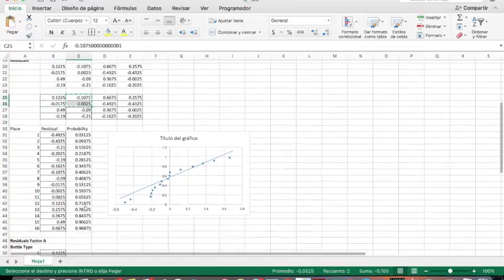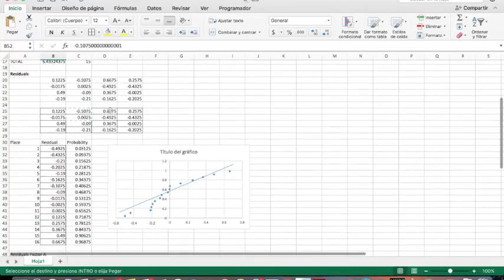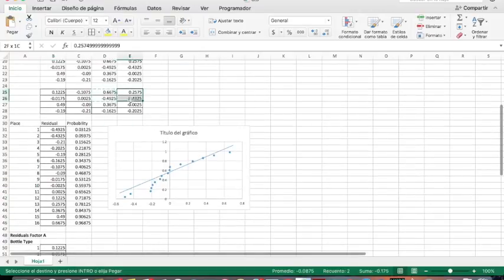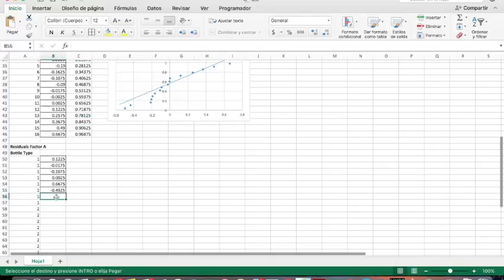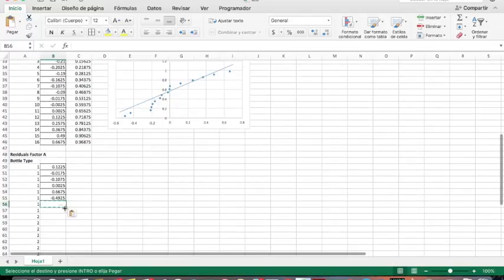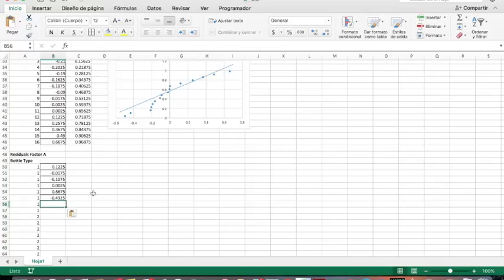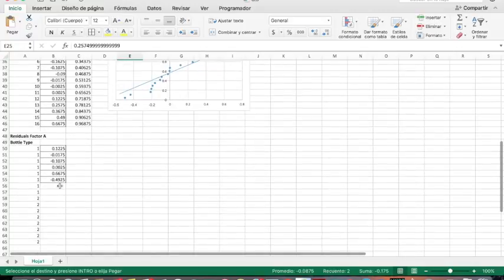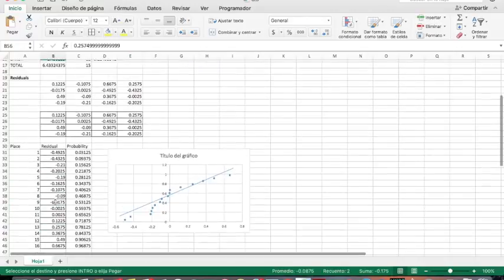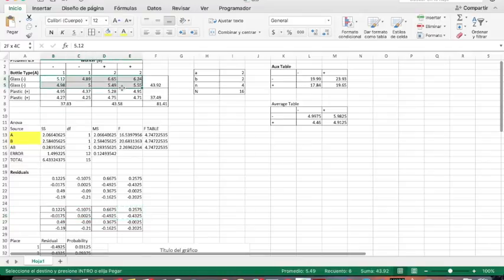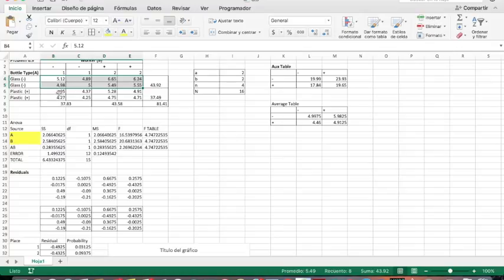This one, this one, this one, and this one. I chose these because, as you can see, this data represents only the data with the glass.